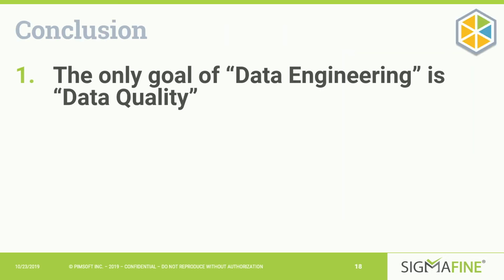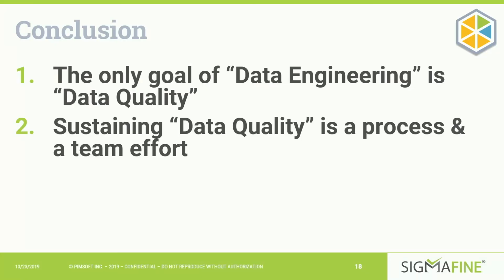So as a conclusion, the only goal of data engineering for me is data quality. That's data quality defined as we defined it here, which is to minimize the defects and maximize the usability for whoever wants to use it. That's the definition of data quality. Sustaining data quality is a process and a team effort. Nobody has the full answer.